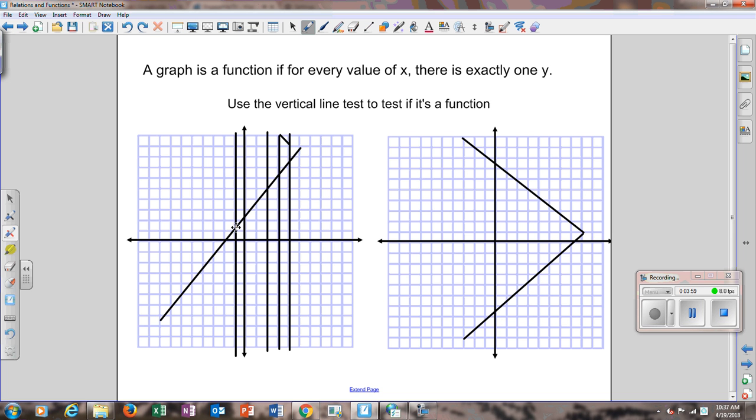And so with this one, you notice it only hits there, it's there, it's there, it's there, it's there. So for every x value, every time I draw a line for an x value, I should only hit my graph at one point. And that's true. That's exactly what happens. So this one would be a function.